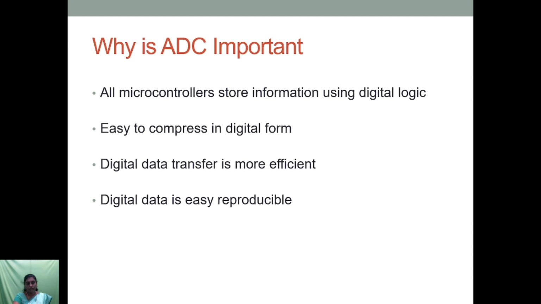So for this we have to efficiently compress the signal. For this, the digital form is one of the best forms to compress the signal. And for data transfer also, the digital form is more efficient compared to the analog form. And one more advantage is the digital data can be easily retrieved, that is, it can be easily reproducible. So for this reason, analog to digital conversion is very, very important.